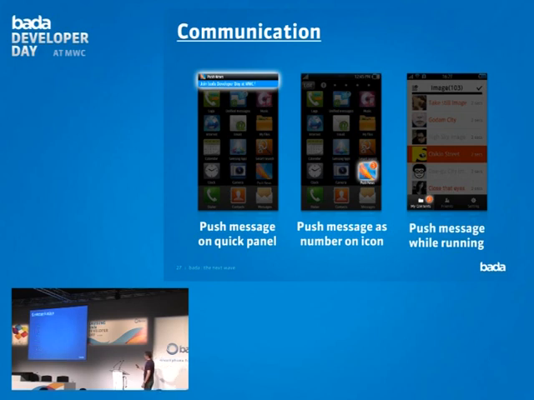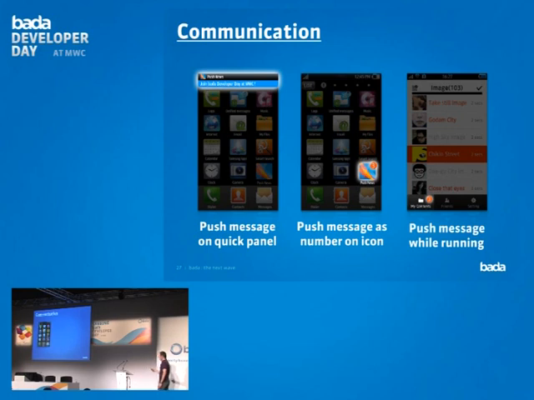Either it can be shown on the grid panel at the top. Second possibility, it can be shown as a number on the icon. And the third possibility is, while the application is running, you can show an icon at the bottom bar.